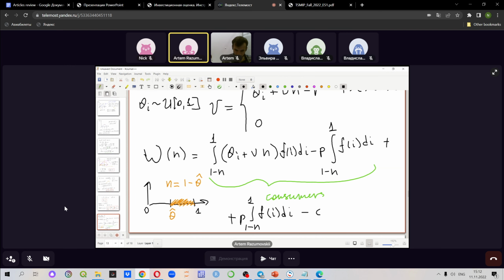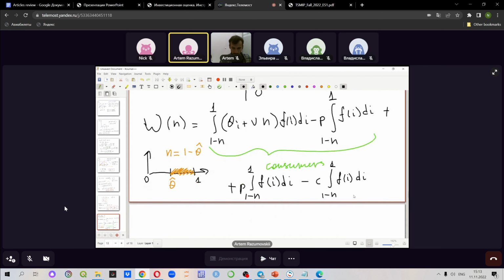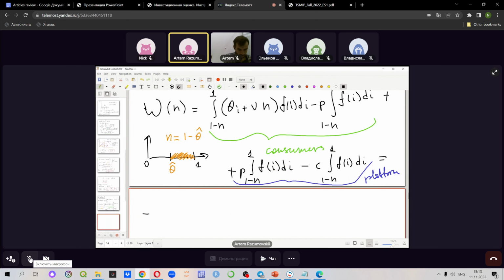The cost is a constant and equals C. Okay, that's the platform.